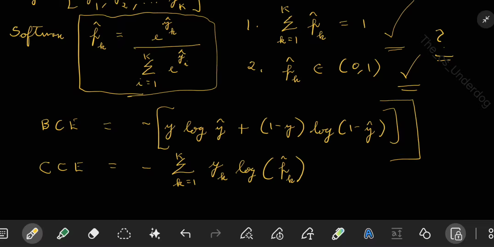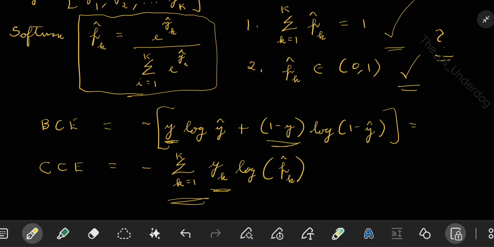If you see, this formula is actually also the same. That is, this is minus of sigma k equal to 1 to 2, because only two values are here. One corresponds to y and 2 corresponds to 1 minus y. So whatever you said for two classes, the same thing I just extended to k classes. That is when I'm calling it multinomial. Here, y and 1 minus y are the classes.